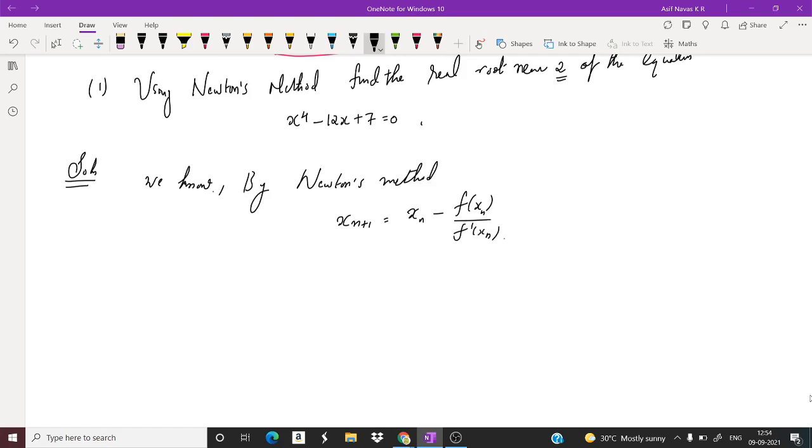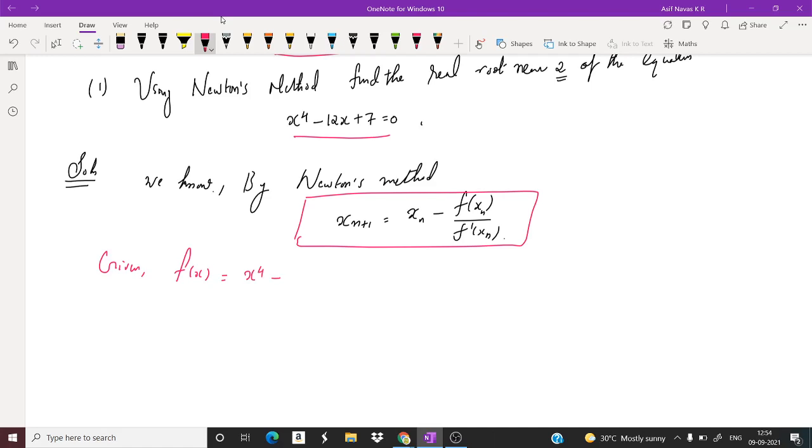So always you should write the formula first. Then we have given f of x. f of x is equal to x raised to 4 minus 12x plus 7. And then we have to find out f dash of x. So what is f dash of x? Derivative of f of x.